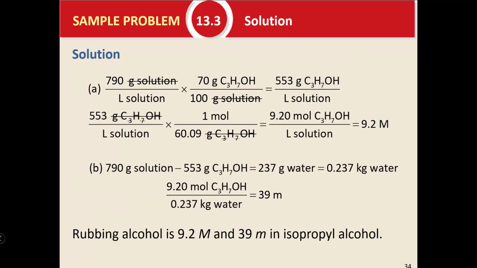So once you extract the information, let's look at this first problem here. We have 790 grams of ethanol per liter solution. And then they said it's a 70% solution of ethanol. Let's go back. I want to make sure I'm doing that correctly.